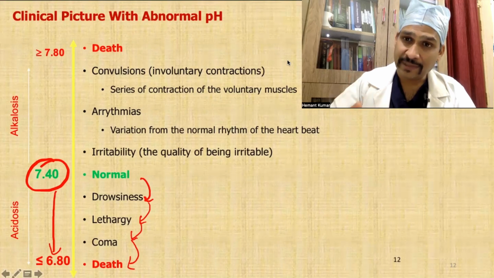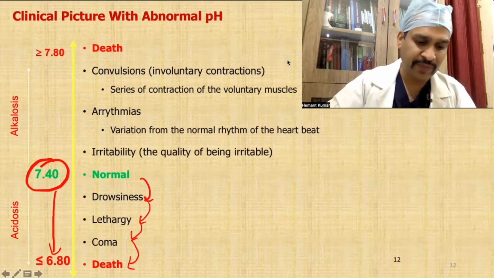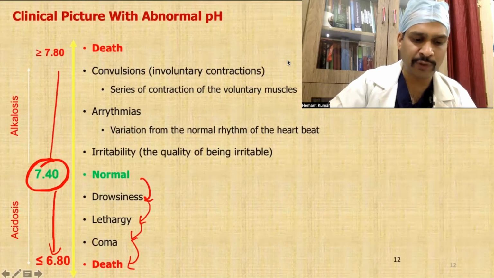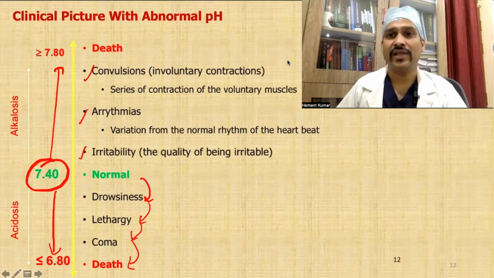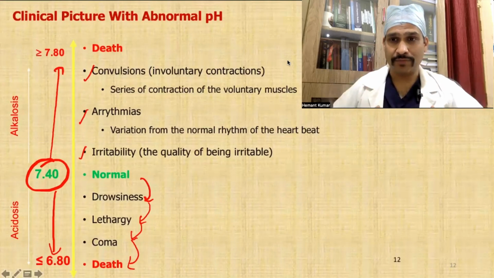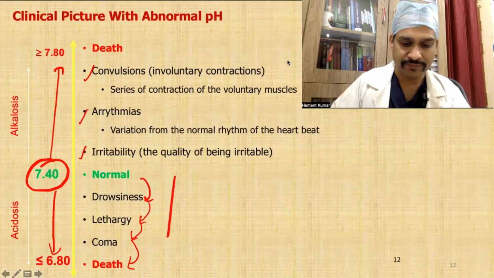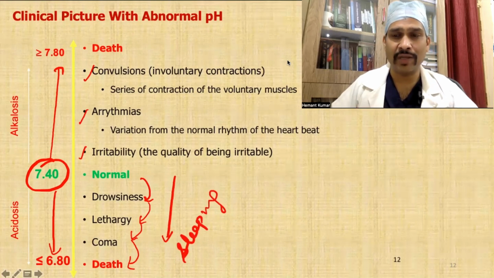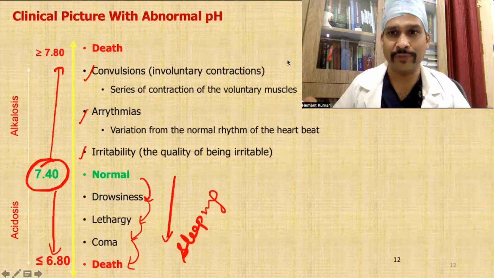And the same thing happens when pH gets higher. When pH increases from 7.4 to 7.8, what will it cause? Irritability, arrhythmia, convulsions. So you can notice that when pH decreases, the patient is in sleeping mode: drowsiness, lethargy, coma and death. A peaceful death, the patient is not having any problem.